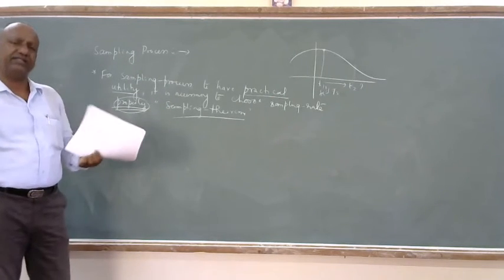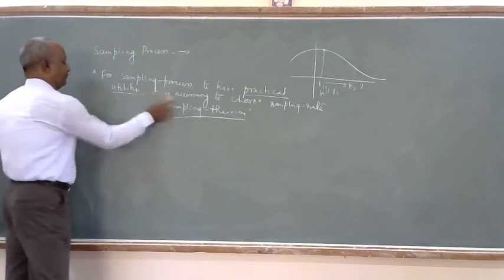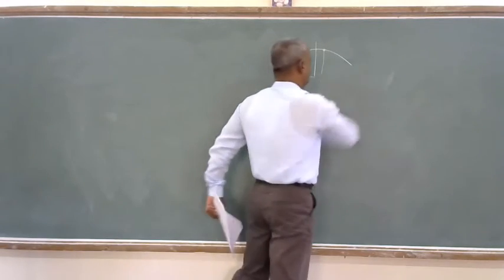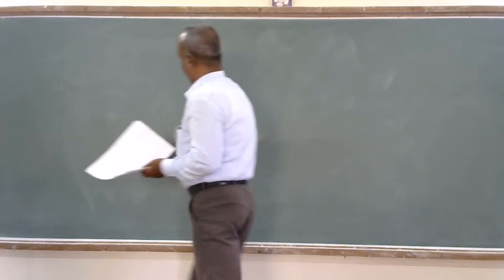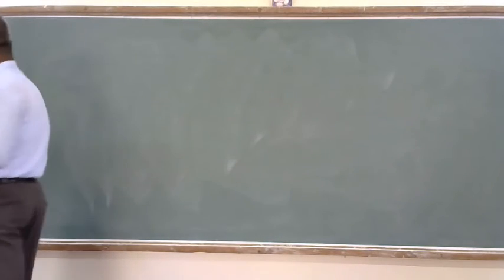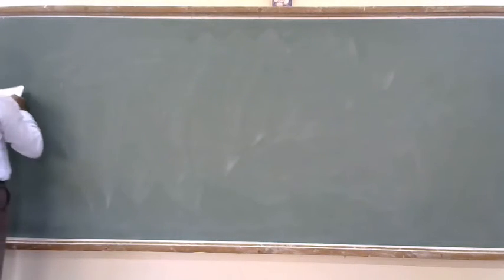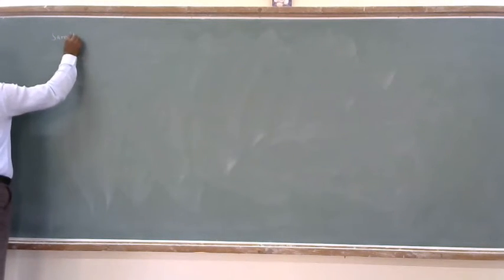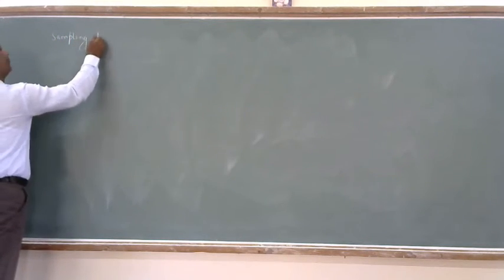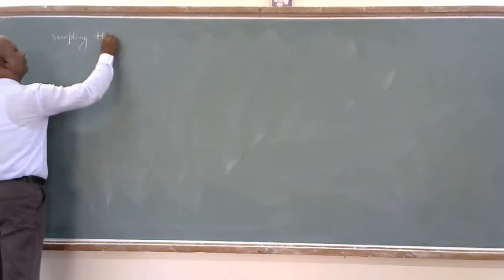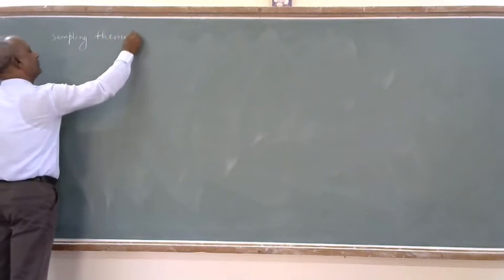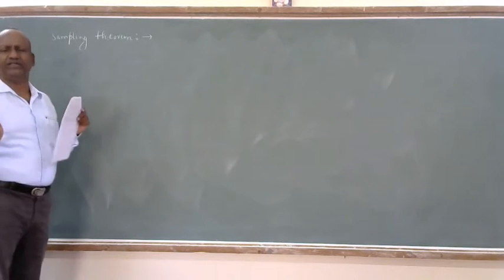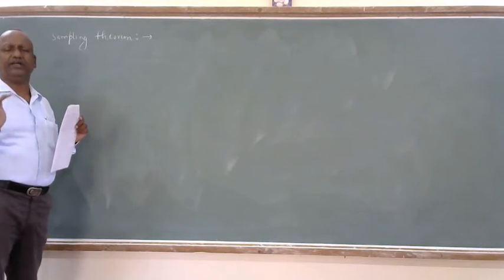The sampling theorem simply gives at what rate we need to do sampling, or it defines the rate of the sampling process.